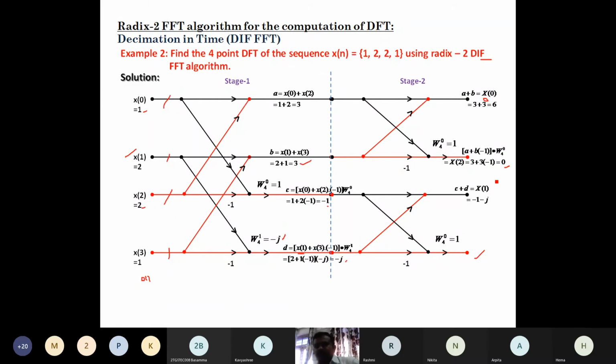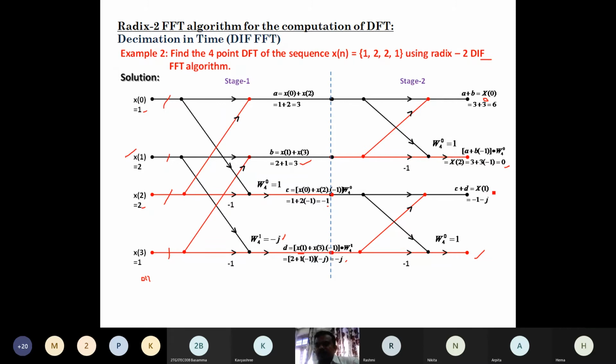Similarly, the third line output is C cross connected with D. That is C plus D is equal to X1, which is nothing but minus 1 minus j. Okay, we have only 4 elements. X0 and X2 are done, and the remaining 2 odd elements are X1 and X3, which we are left with.